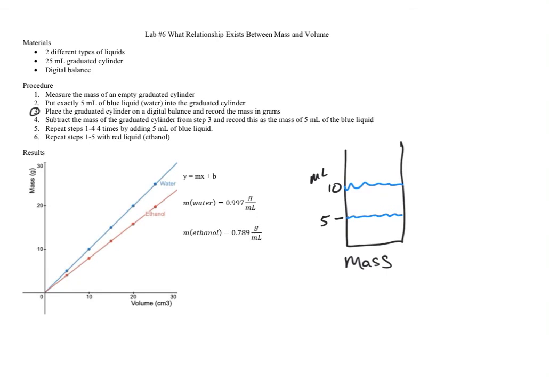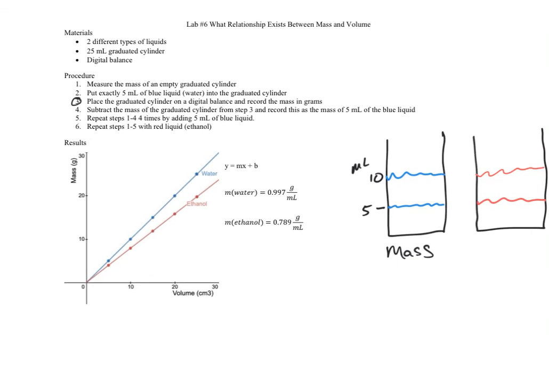I also did the same thing for the ethanol. I measured the mass when it was at 5 milliliters, and I also measured the mass when it was at 10 milliliters, and I plotted those on a graph.